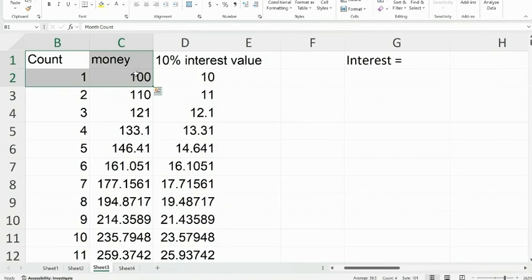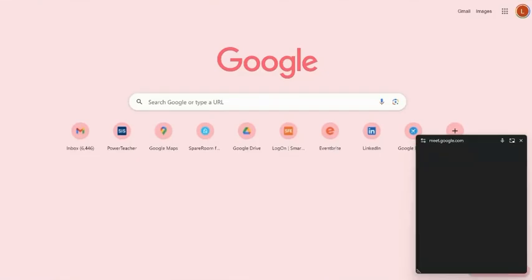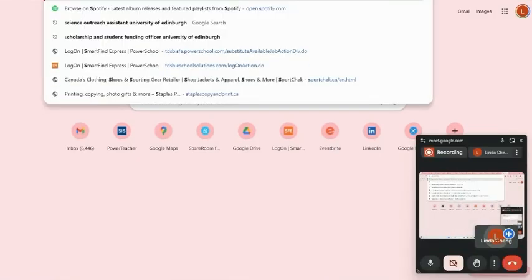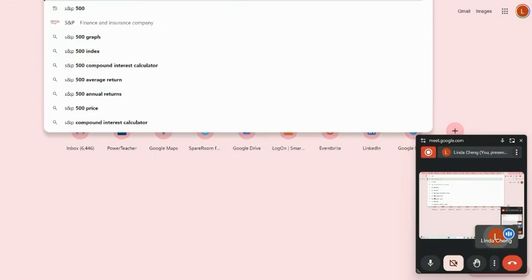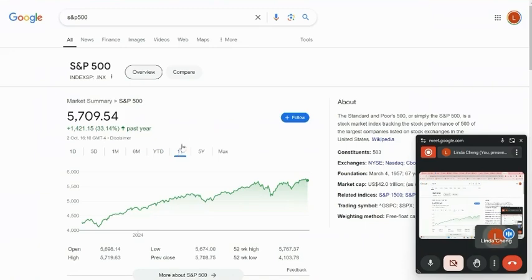So that means at the end of the first month, let's say you have something that generates 10% interest. The reason why I chose 10% is because if you look at the S&P 500 returns in the last year, actually, this is about 33% in the last year.